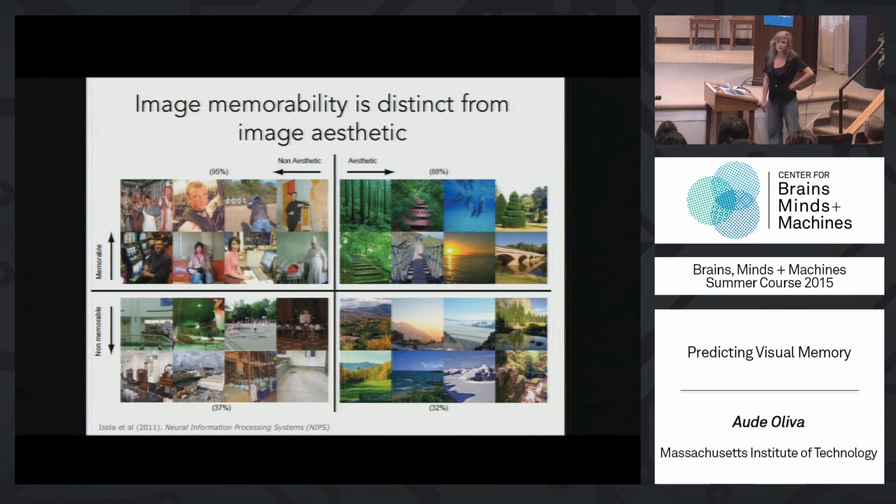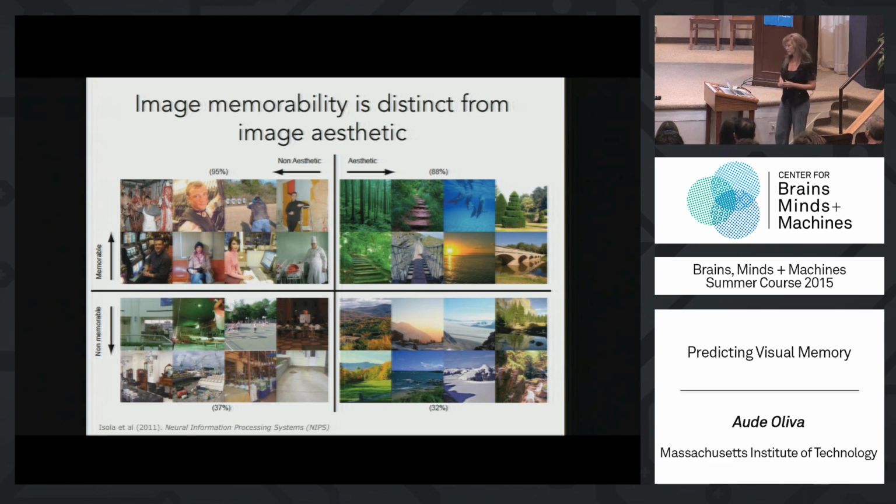And in some of them, we look at the correlation existing between memory, so the fact that you're going to remember certain kinds of images, and other attributes, for instance, aesthetics. And again, we found that memorability is distinct from image aesthetics. This means that you could have an image that is judged very beautiful, or on the contrary, ugly or boring, and in those cases, you could still remember those images.